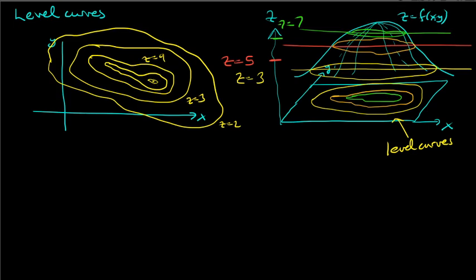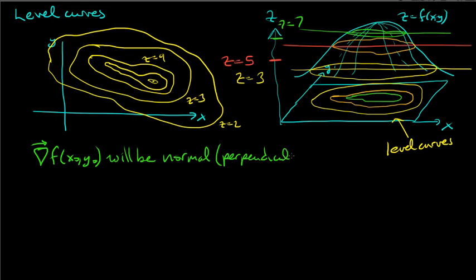Right. So if you're going to draw these level curves, the gradient at a given point, as a vector, will be normal, that is perpendicular, to the level curve at that point.